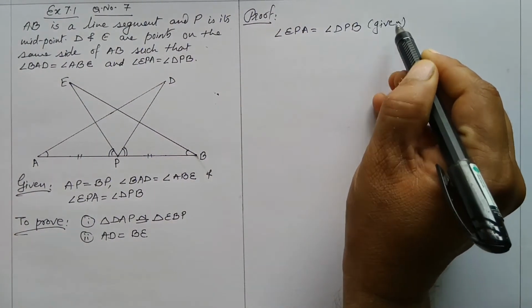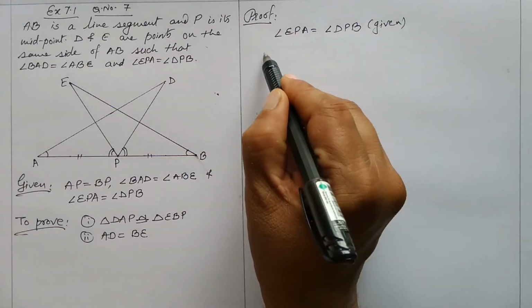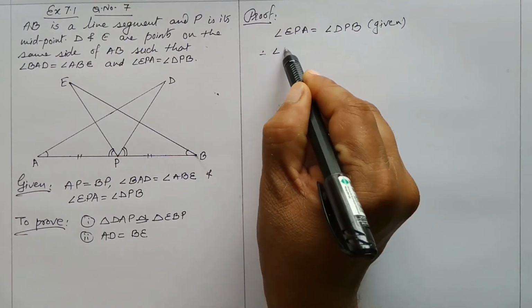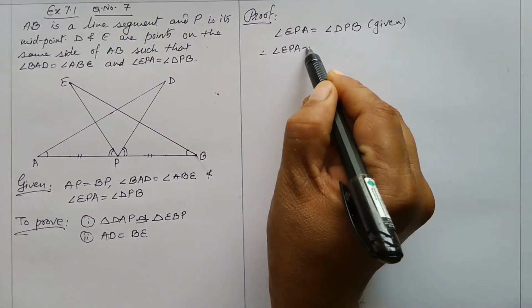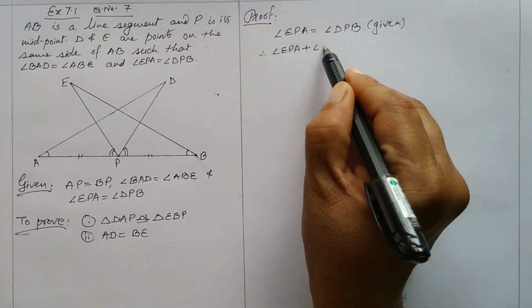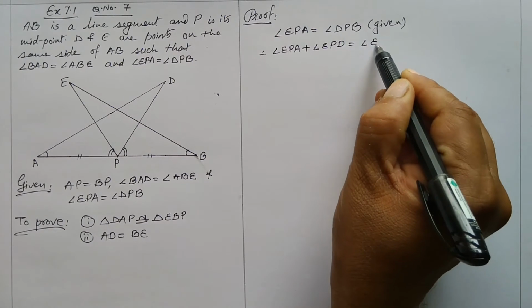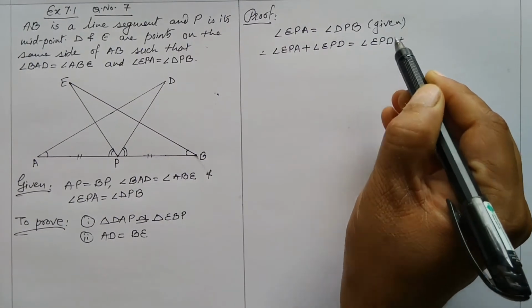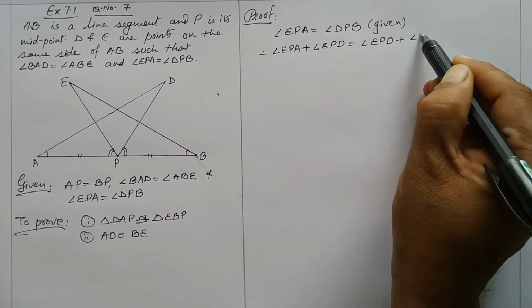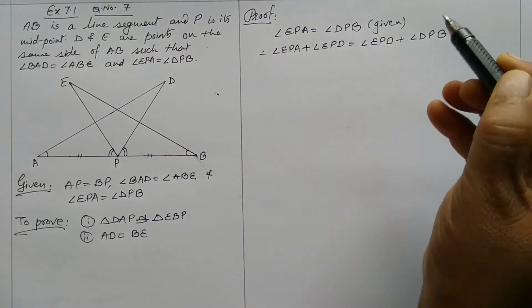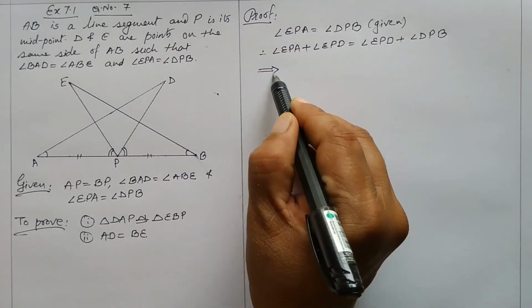Therefore angle EPA plus angle EPD, adding EPD on both the sides, is equal to angle EPD plus angle DPB. So what are you going to get?